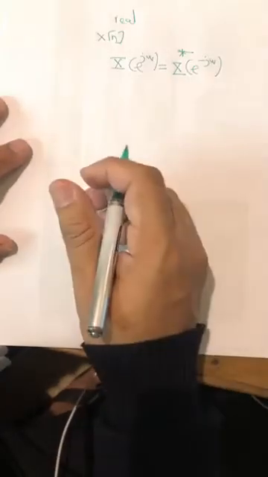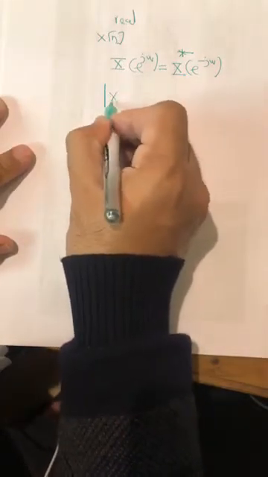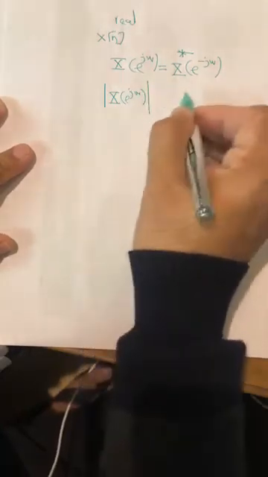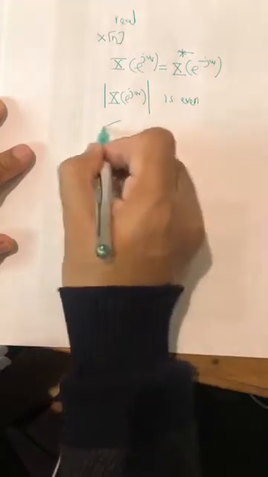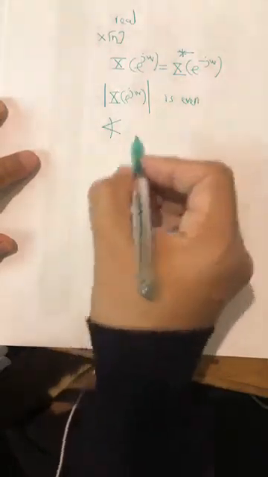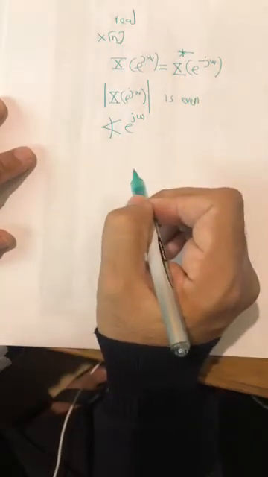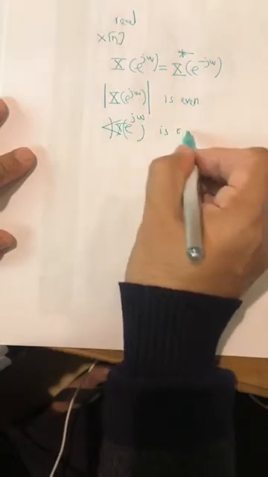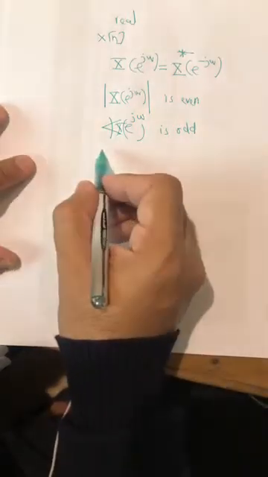Then it means that its magnitude, a very important property, is going to be even, and its phase, the phase of the Fourier transform, is going to be odd.